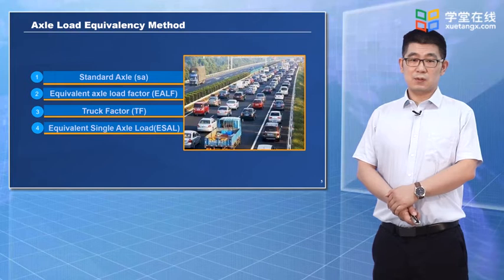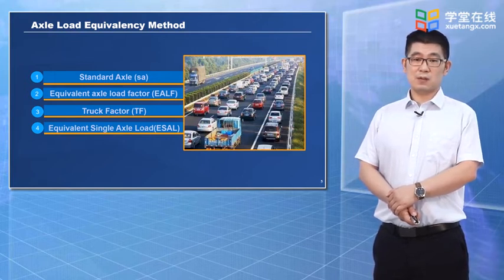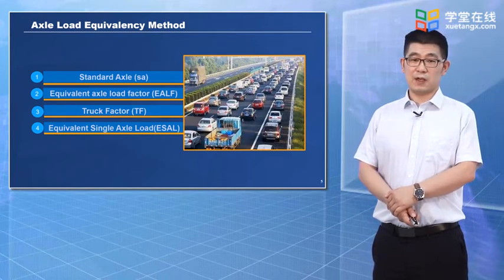According to the Chinese design specification, there are 11 types of vehicles, and each of them has different axle configurations, widths, and VCDFs. Obviously, the great variety of vehicle axle load configurations causes different distress to the pavement structure.